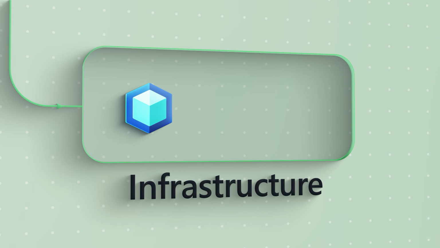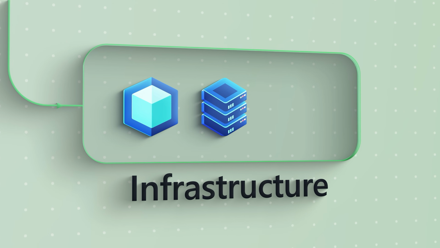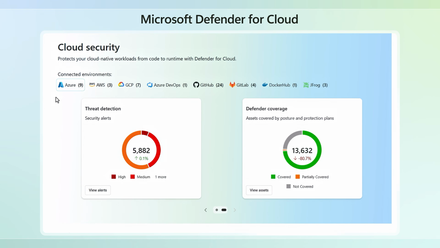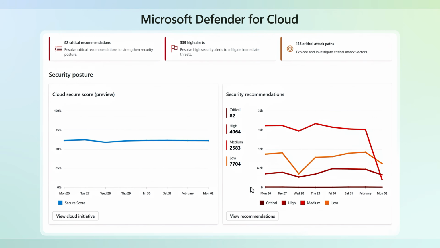And at the foundation of everything in the Zero Trust architecture is infrastructure, spanning cloud environments, servers, containers, and orchestration systems. The consequences of compromised infrastructure can be severe, with service outages, ransomware, instability, and more. Microsoft Defender for Cloud delivers comprehensive workload protection across Azure, AWS, and GCP, including vulnerability scanning and advanced threat detection for your infrastructure.